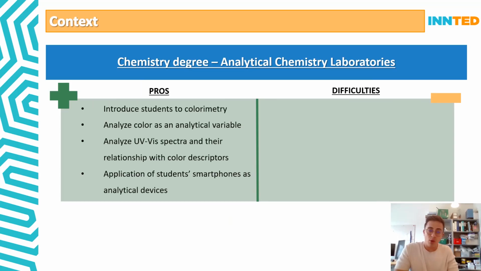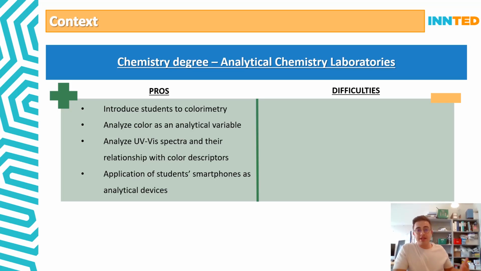Then the pros or the advantages of this approach allow us to introduce students to colorimetry techniques, not only to the theory but also to the practical aspects. It also allows us to analyze color as an analytical variable, that is, we can address how color can be analytically implemented.